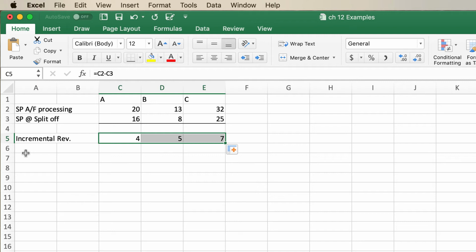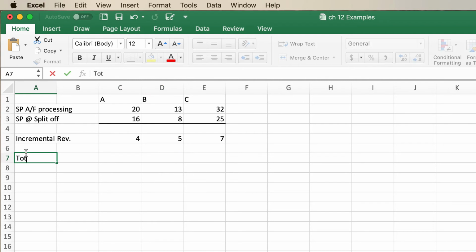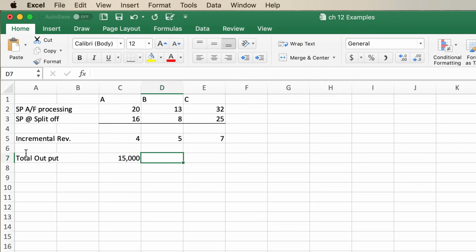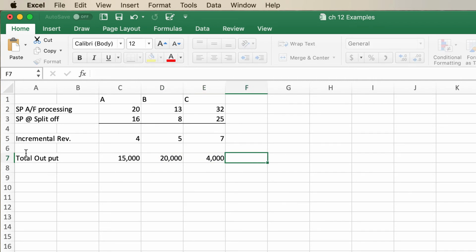Now we need to multiply by the total quarterly output in pounds or gallons. What's the total output? For product A, the output is 15,000 gallons. For product B, it's 20,000 gallons. And for product C, it's 4,000 gallons.